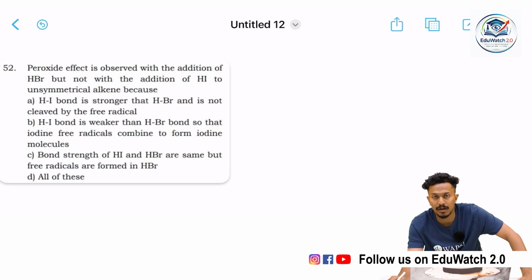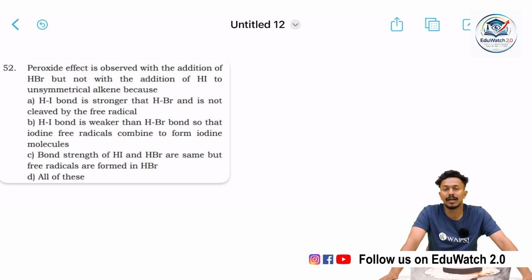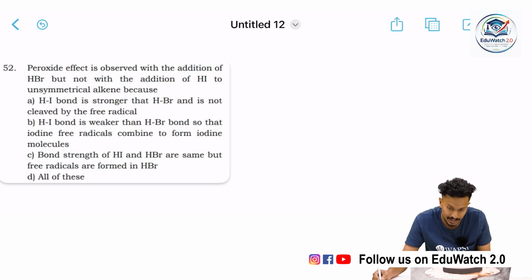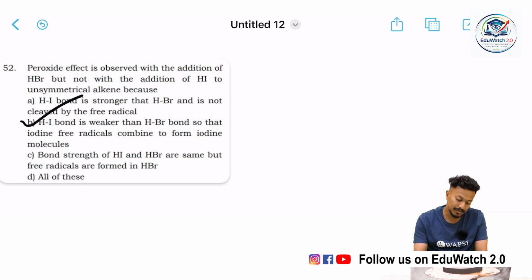When a peroxide is added to an unsymmetrical alkene, the H-I bond breaks more easily than that of HBr, so the iodine free radicals come out and form an I2 molecule. So the correct option would be option B.